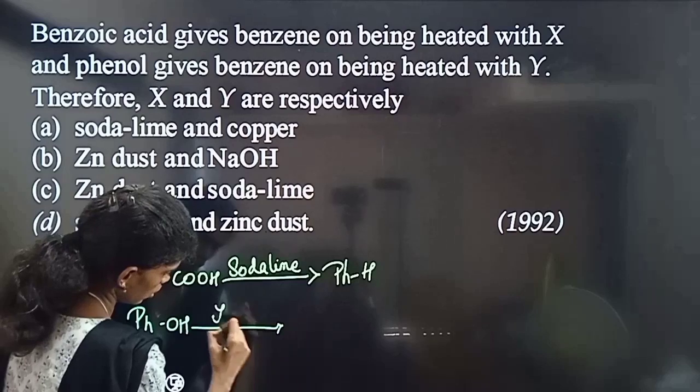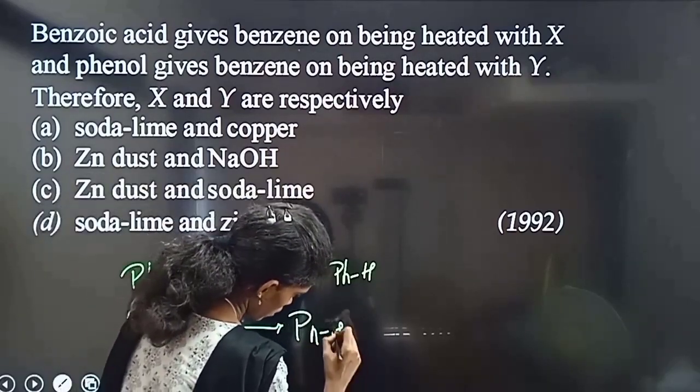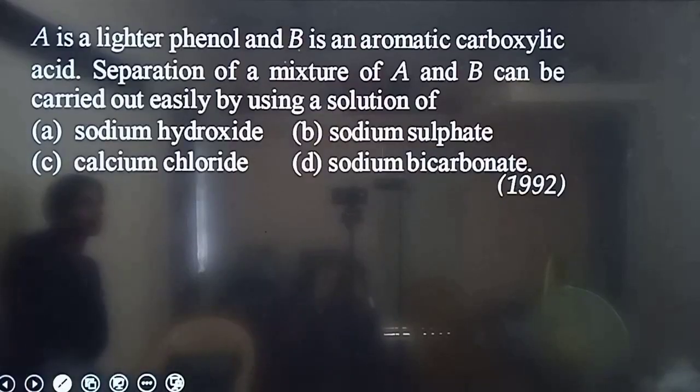Phenol, when treated with zinc dust, you get benzene. So remember this. A is a lighter phenol and B is an aromatic carboxylic acid.